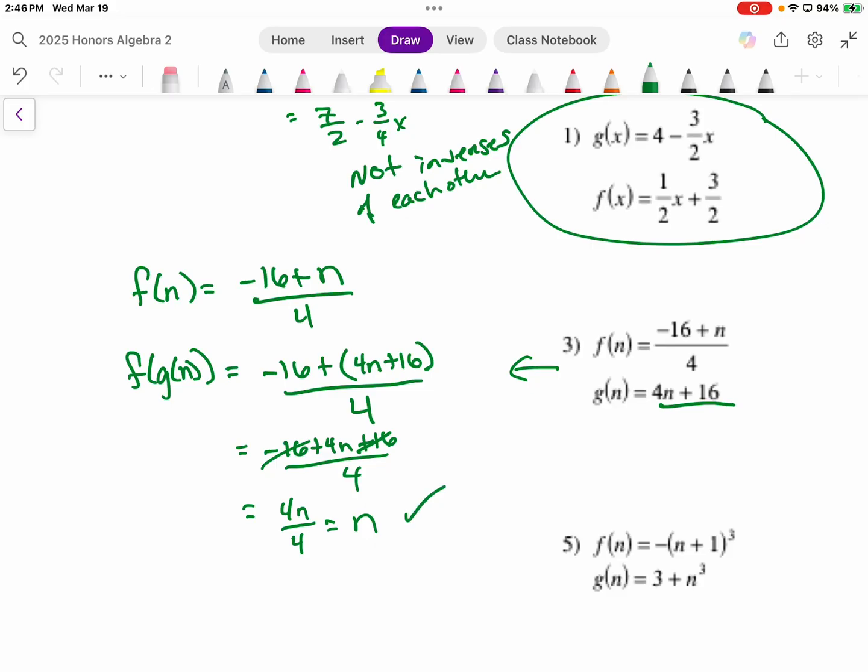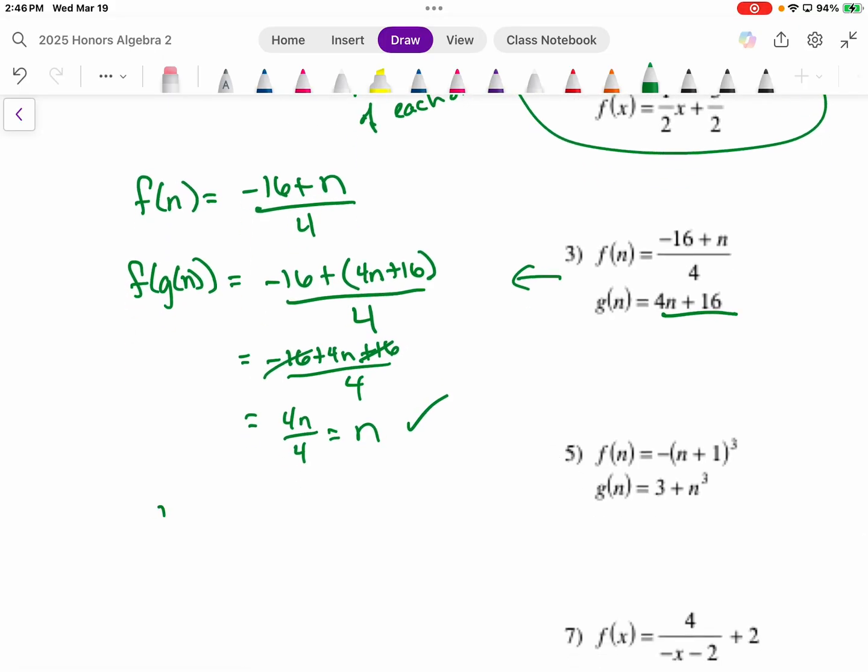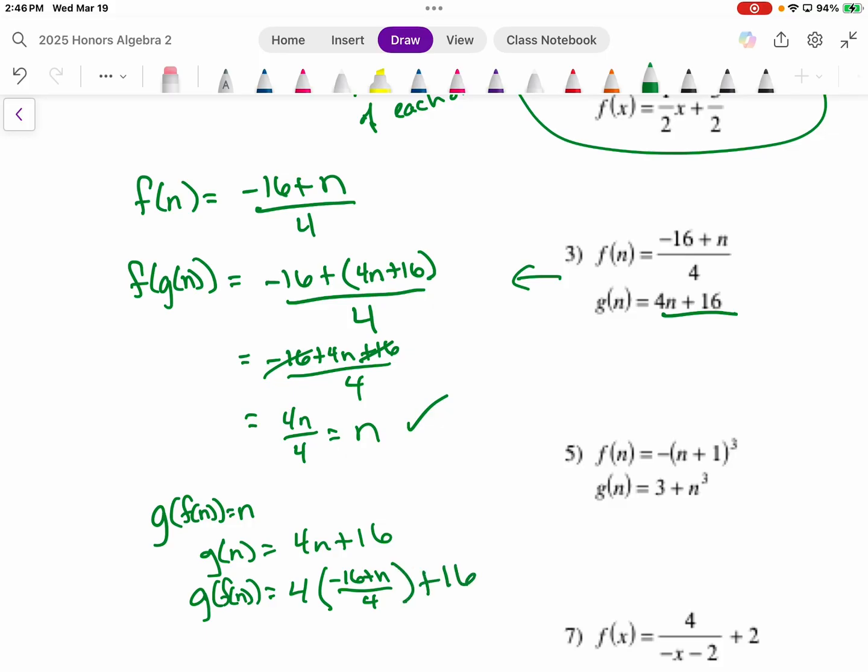Since that worked, I have to test the other one. Is g of f of n equal to n? So I start with the g equation, which is 4n plus 16. Now put the f equation in for it. So 4 times the fraction of negative 16 plus n over 4, and then the plus 16 is after the parenthesis.